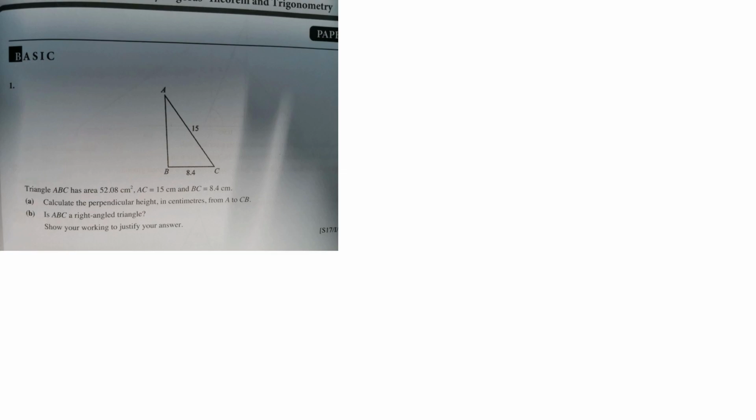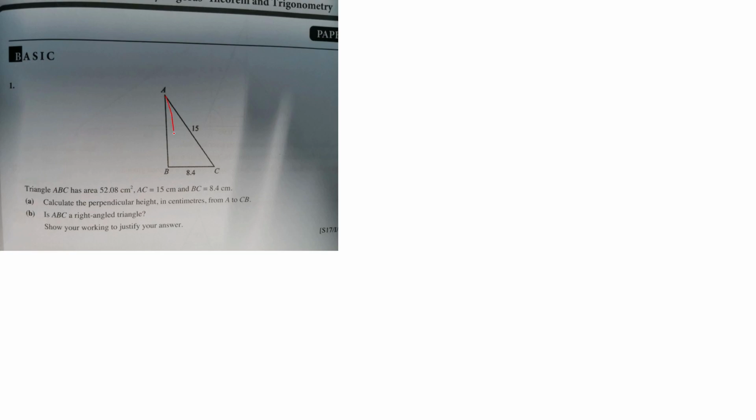Triangle ABC has an area of 52.08 cm squared. AC is 15 cm, BC is 8.4 cm. Part A asks us to calculate the perpendicular height in centimeters from A to CD. So what is perpendicular? Perpendicular means a right angle.